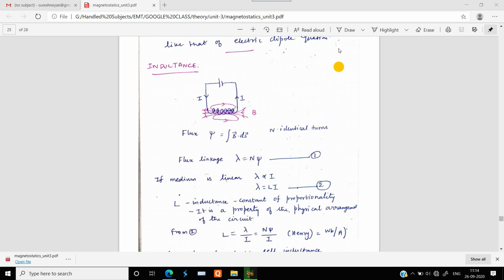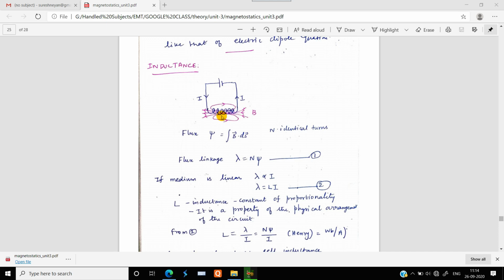Here the coil is wound around a core. This core can be an air core or a ferromagnetic core, but here we are going to take only the air core.